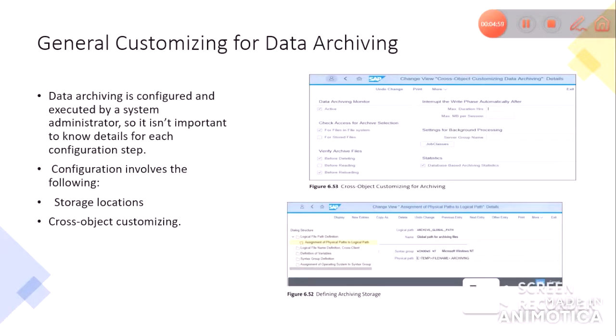General customizing for data archiving. Data archiving is configured and executed by a system administrator, so it isn't important to know details for each configuration step. Configuration involves the following: storage locations, cross object customizing.